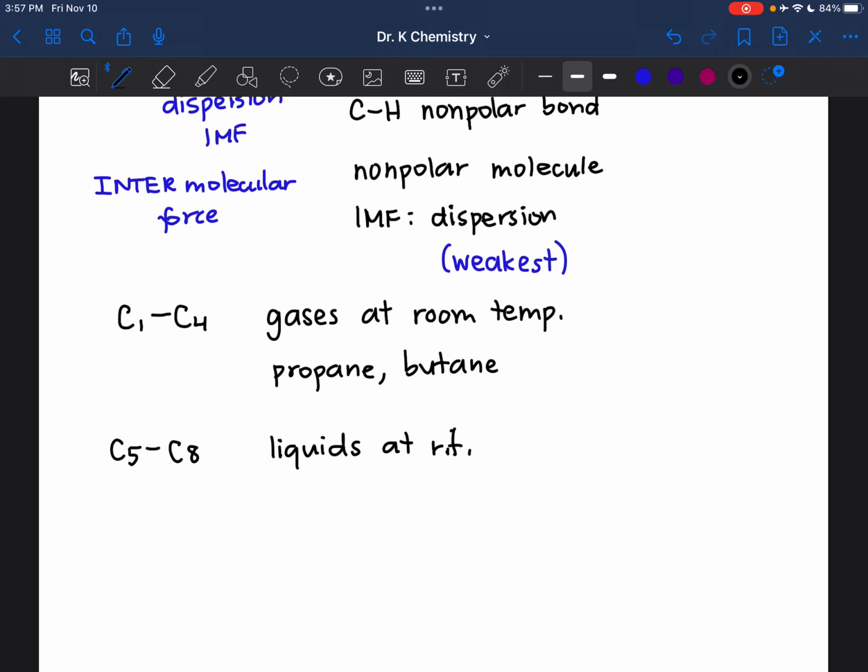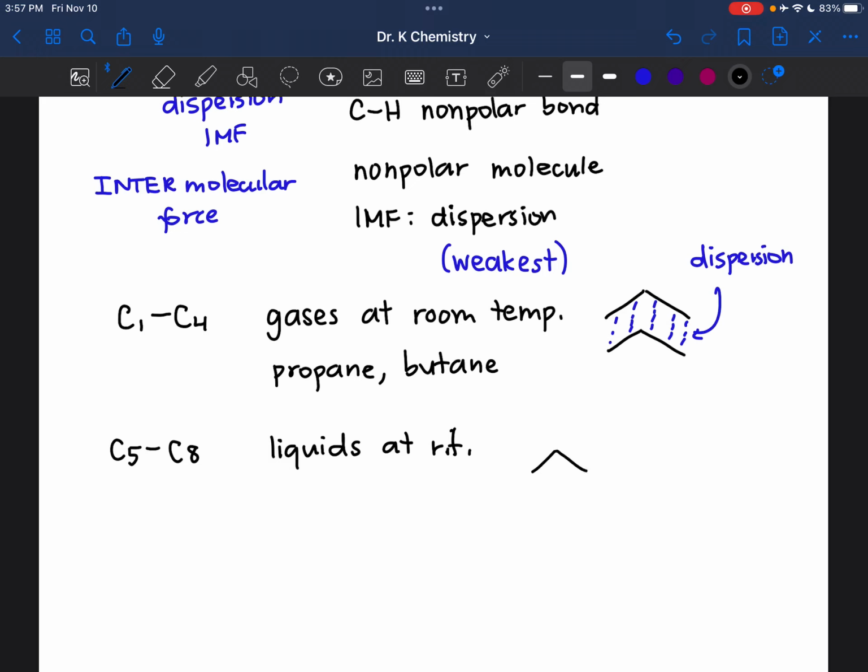I would like to think about this. If we're looking at propane, it only has 3 carbons. And we know that each individual dispersion interaction is very weak, the weakest intermolecular force.